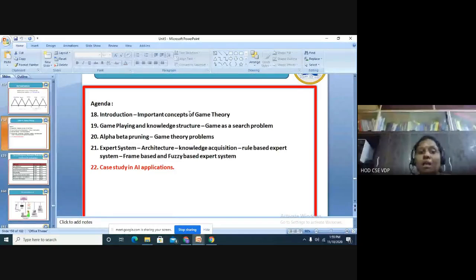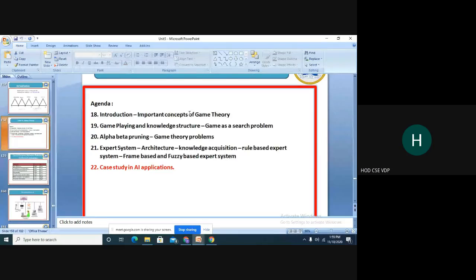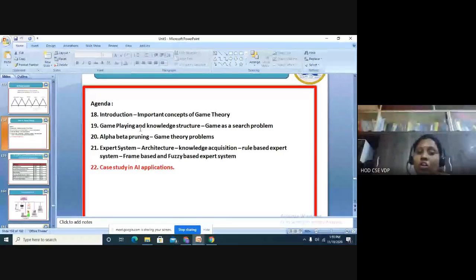And then coming to gameplay, that strategy is actually played by the person who is in the role of taking the right decision. So how do you take the right choice? That is all about the game playing and knowledge structure. Then game as a search problem, all your tic-tac-toe problems, how do you search, and all these things.